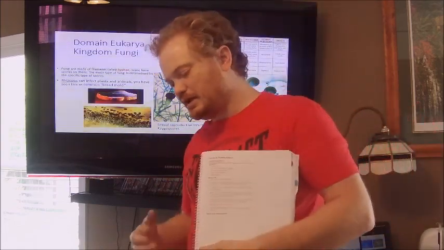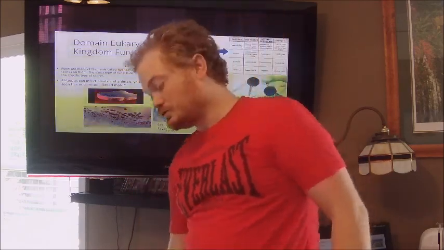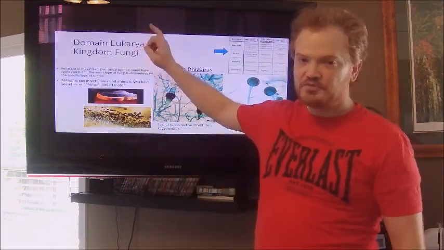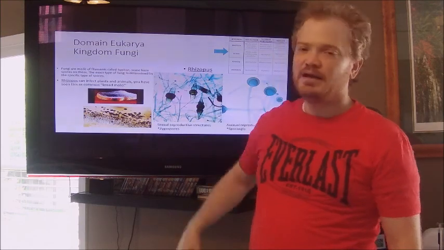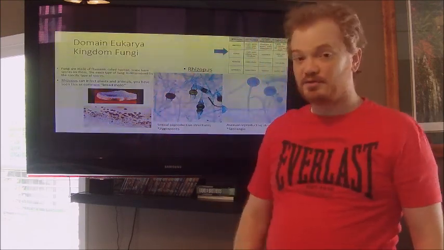Fungi are just a big conglomeration of individual strands, and they will wrap around each other in unique ways and form a mushroom or form a ball or do whatever they need to do. These strings are called the hyphae. Fungus is made of hyphae, the little string-like structures that give rise to other parts of the fungus. And again, fungi are super diverse.